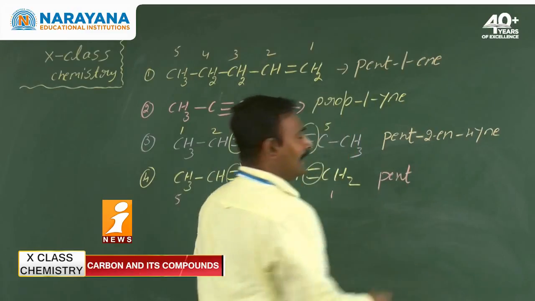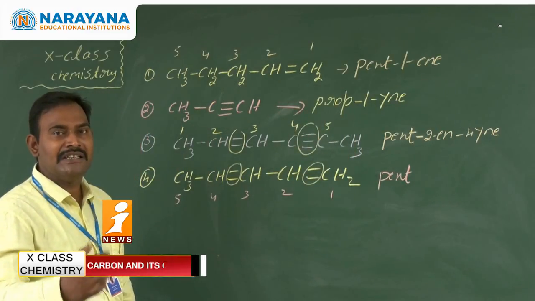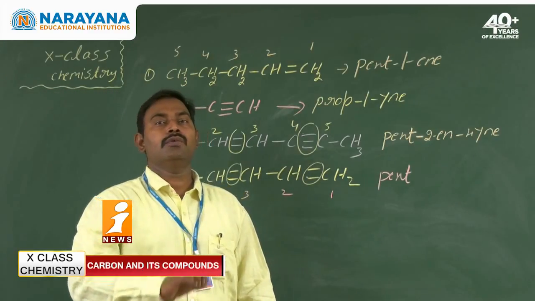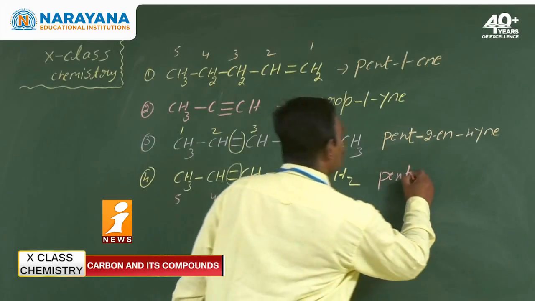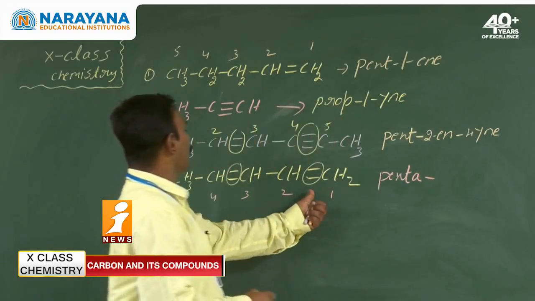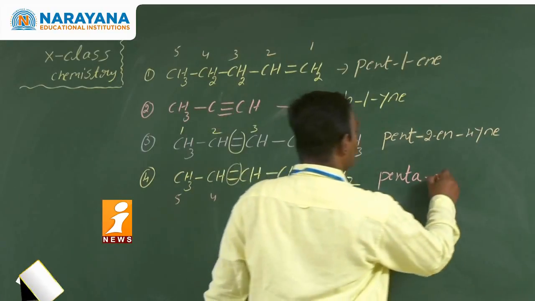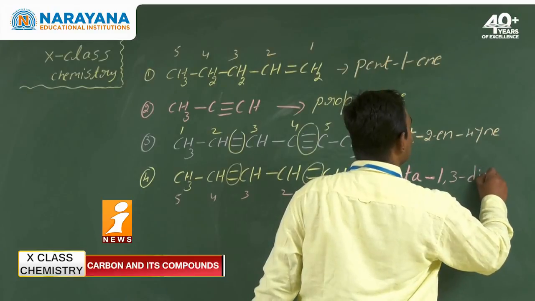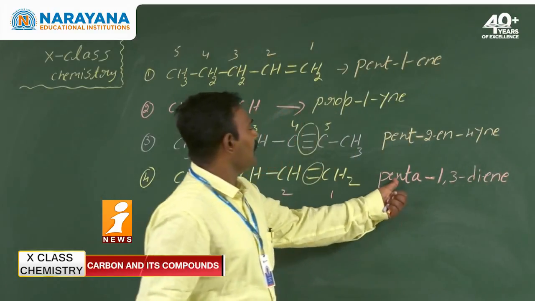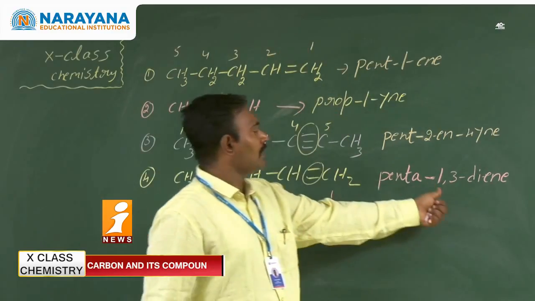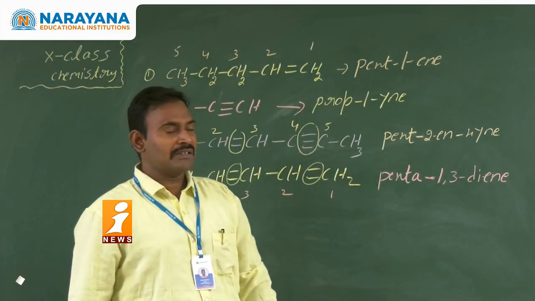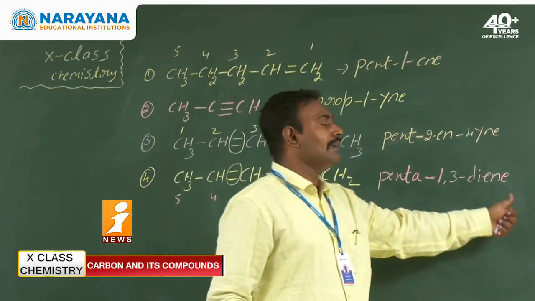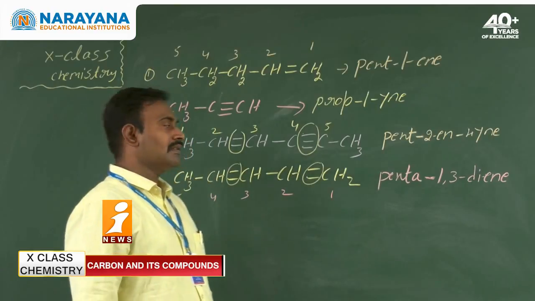In case the double bond is present more than once, two times, three times, four times, five times, then add the letter a to the root word. So penta, position of double bonds 1, 3, diene. The pent indicates the root word, 1, 3 indicates the number suffix, di indicates the numerical suffix, and ene indicates the primary suffix.